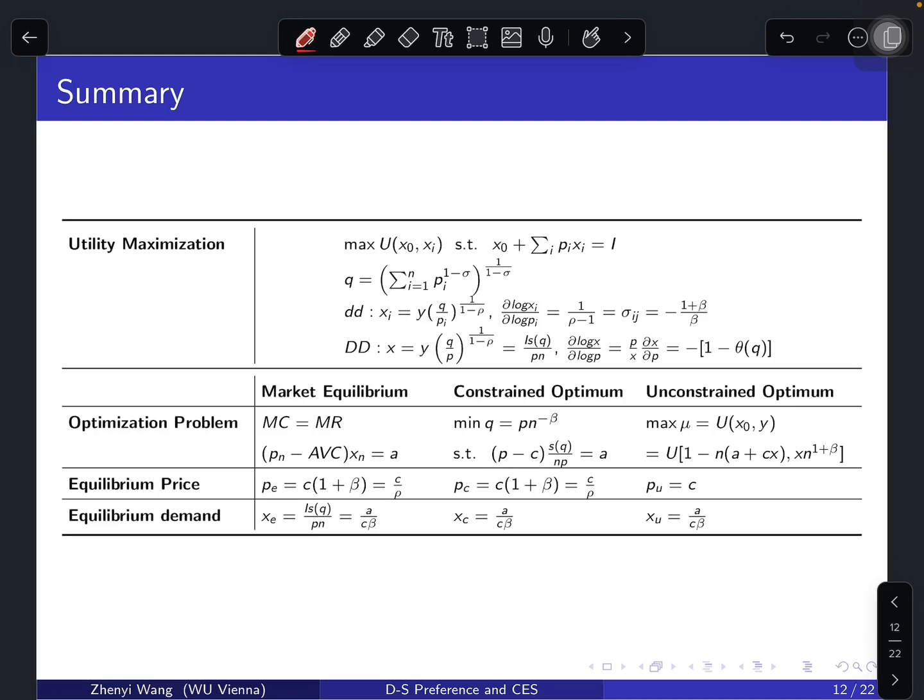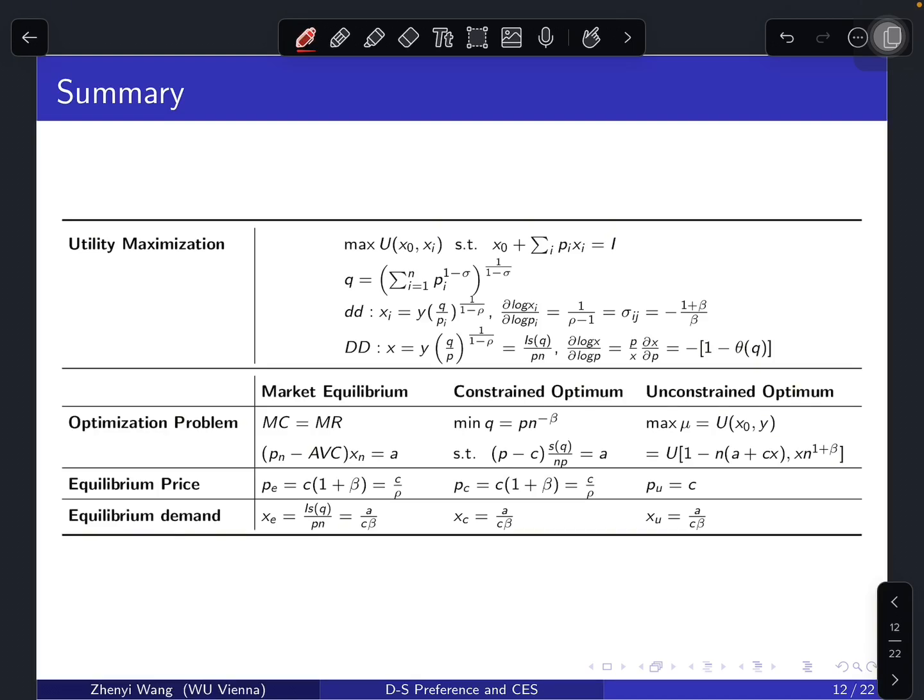That's the demand curve for each firm, and the capital DD curve is the demand equation for the whole industry or the whole economy. Under the market equilibrium, on the one hand, consumers will maximize their utility, and on the other hand, firms will maximize their profit, and firms will enter the market until the profit is 0.